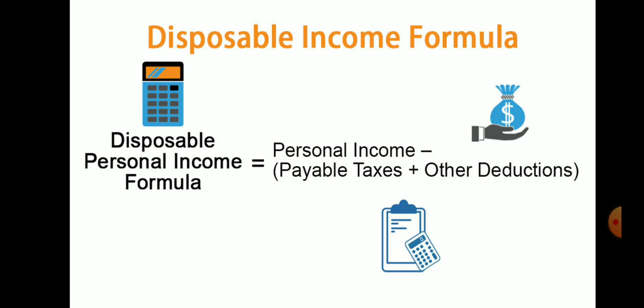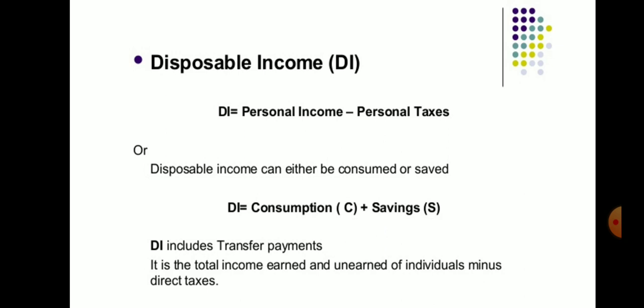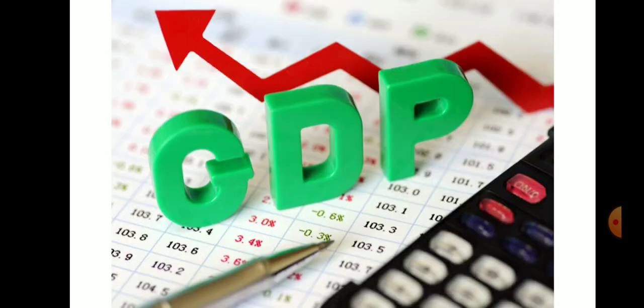So this is how we calculate the national income with all these 7 terms: gross national product, gross domestic product, net national product, net domestic product, per capita income, personal income, as well as disposable income. Now we'll move on to the details about gross domestic product.